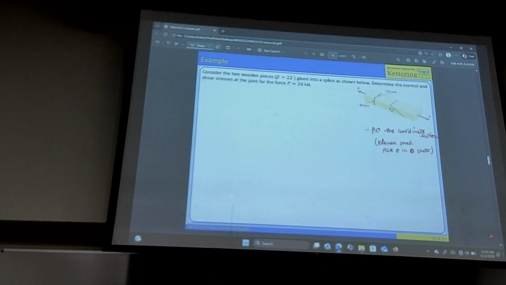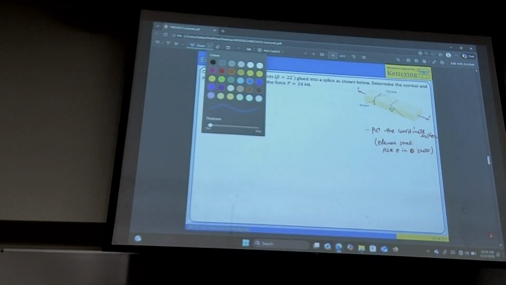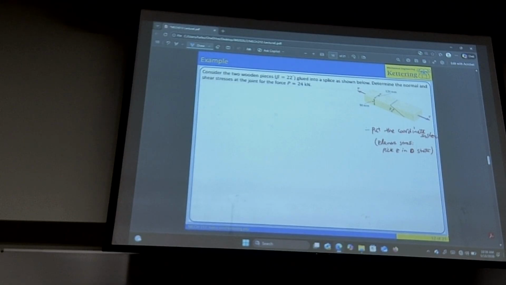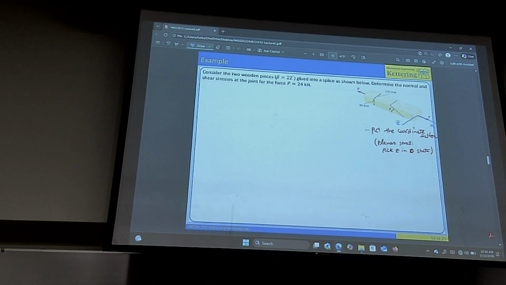We know that when the force is applied, we do have stress in that direction, so pick that as X. We know that when we pull, nothing really happens laterally in this direction, so pick that as Z. This has to be Y. So pick X, Y, Z like that.